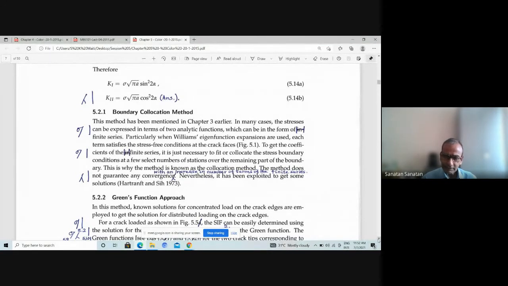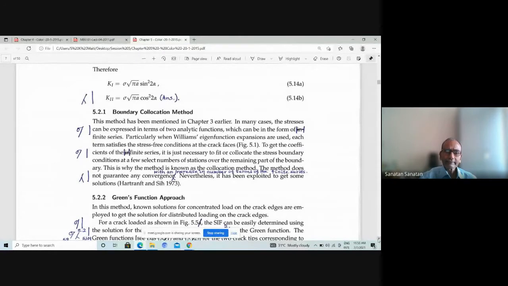So this is it. This boundary collocation method is very useful for finite bodies, and you can certainly solve the problem by taking this approach. First of all, you have to write the stress functions in terms of infinite series, Williams stress functions, and then evaluate the constants, knowing the stresses at the outer boundary in terms of the expansion, and then go for evaluation of the stresses anywhere inside or at an unknown point.